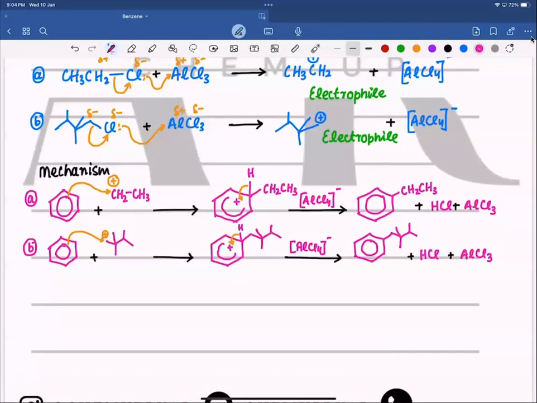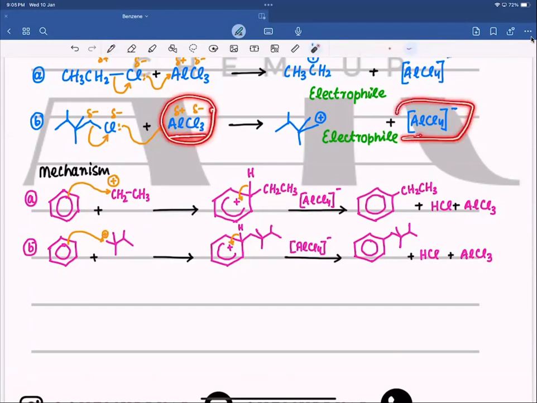Yes, is this clear to all of you? Sir, what is AlCl for? Sorry? What is the AlCl for? Is it the catalyst? See, this is the catalyst, AlCl3. In the first step, it turns into an intermediate, and then at the end, that intermediate interacts with the hydrogen ion that is released, and the catalyst is restored.